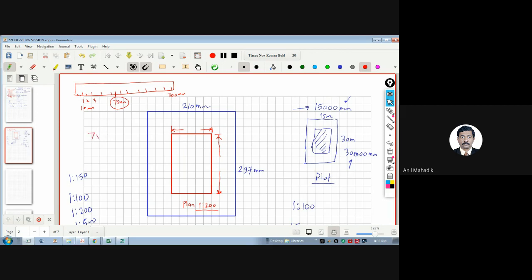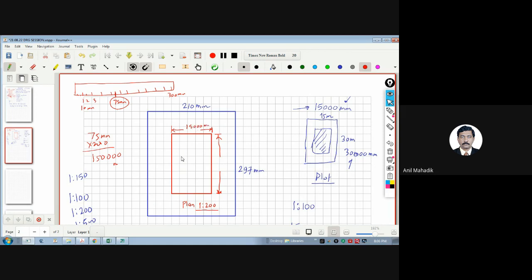Let's say this is your 75 mm paper dimension. From here to here, it is 75 mm on the paper. And what is this scale? 1:200. So multiply by 200. When you multiply by 200, it will come out to be 15,000 mm. So this is nothing but 15,000 mm.